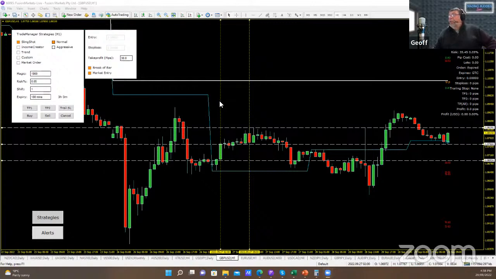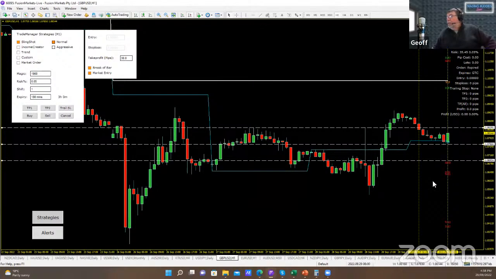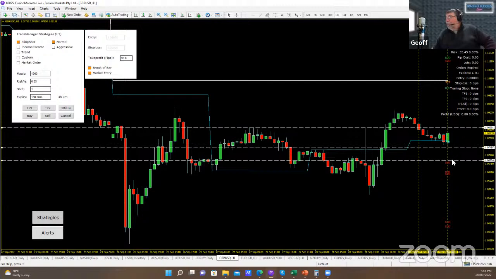Let's look at the range, shall we? From the 0200 candle, which is Tokyo Open, to current candle, which is just prior to London Open, gives us a range of, that's the high, and that's the low. So let's fiddle with those.